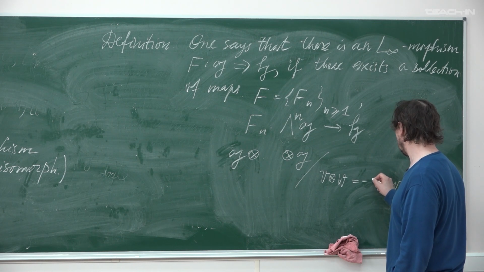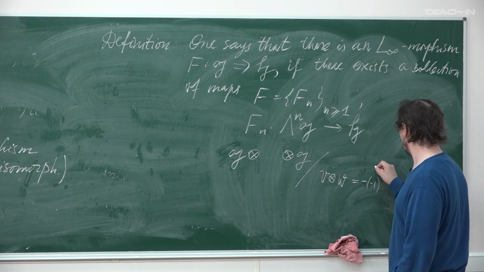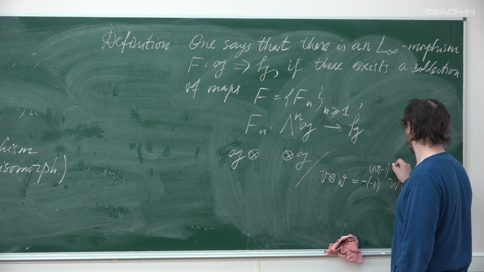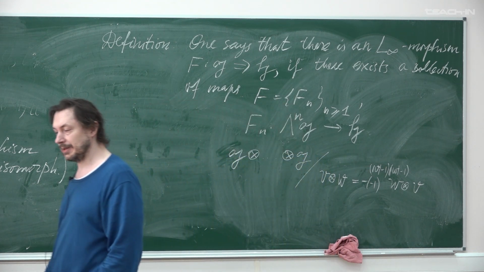So it's something like minus 1 to the power (degree V minus 1)(degree W minus 1), if I'm not mistaken.